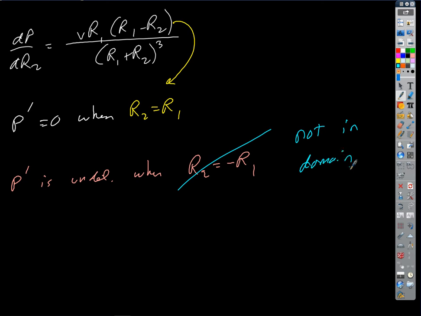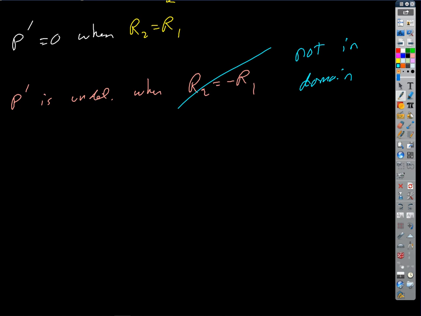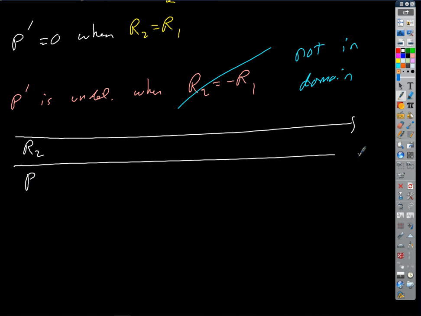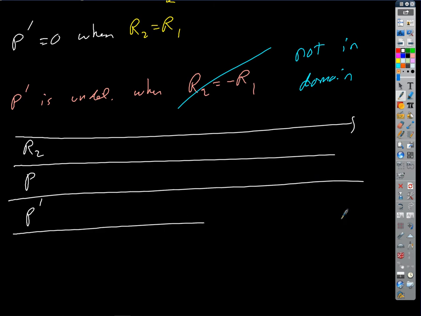And so we could make a table out of this. R2 is our independent variable instead of X. Power is our dependent variable, and then P prime. Okay, so what's our domain? 0 to infinity, right?